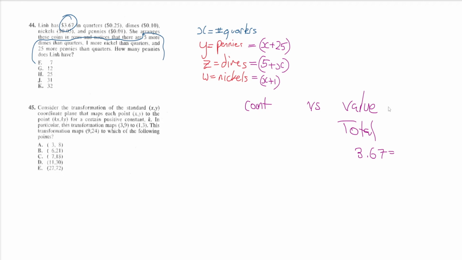Okay, so now the total value is going to come from each coin's value, right? Wait, does she have a certain number? No, we're not told how many she has. So let's just use the total value here. It's going to come from what? Good.